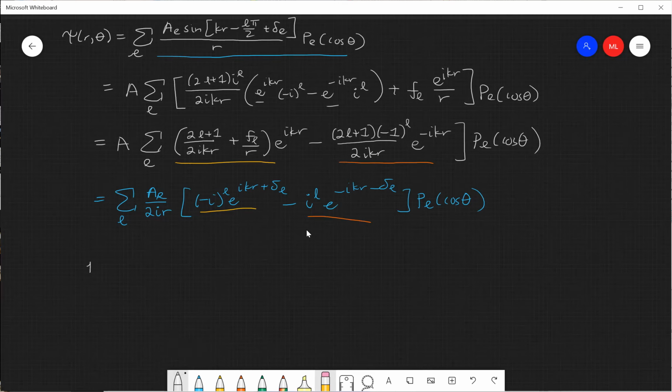First of all, we must have 1 plus 2iK f_L over (2L plus 1). That has to be equal to e to the 2i delta_L, a function of K.